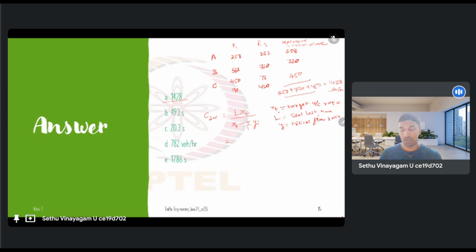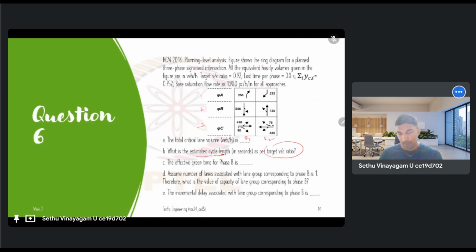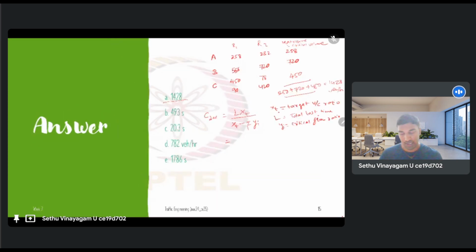So what is your total loss time? For each phase we have a loss time of 3 seconds, and we have three phases. So L is the number of phases into 3 seconds, the loss time per phase. This is in total 9 seconds.